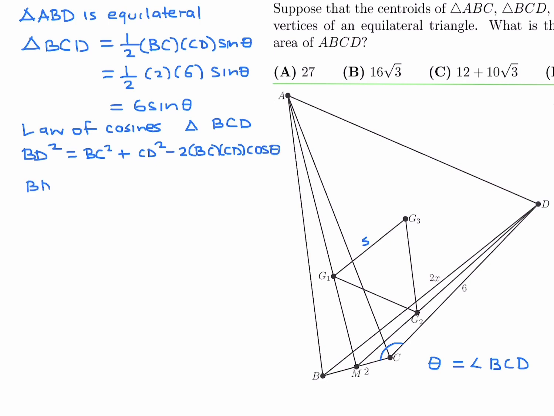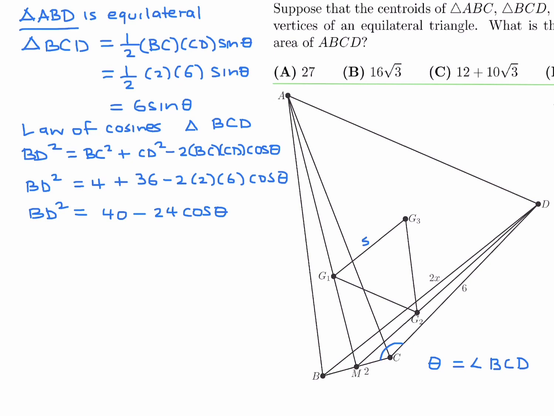So BD squared, BC is 2, but if you square it, it's 4. Then that would be 36 minus 2 times 6 cos theta. And that looks like 40 minus 24 cos theta. That's for BD squared.